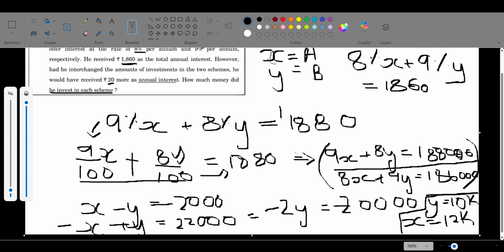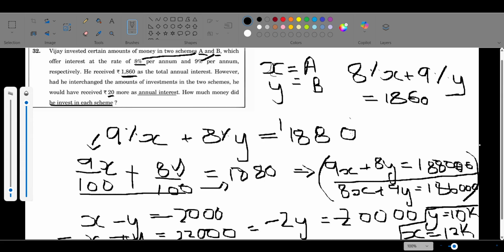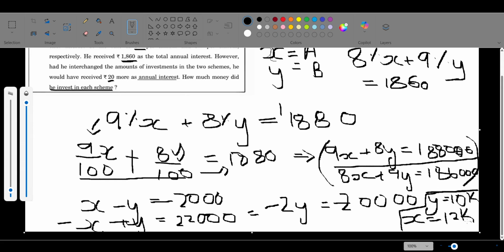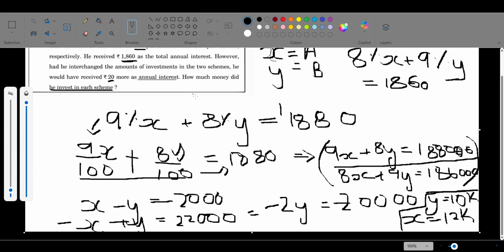If he invested this 12,000 rupees in scheme A at 8% per annum, and 10,000 rupees in scheme B at 9% per annum, he would receive 1,860 as profit, not amount, profit.